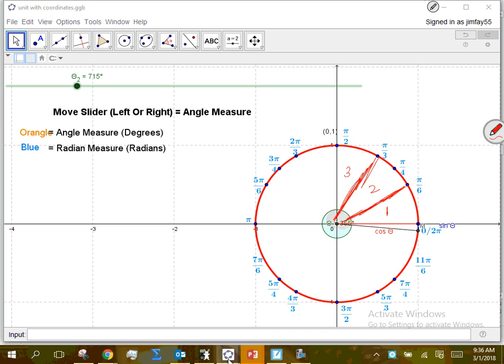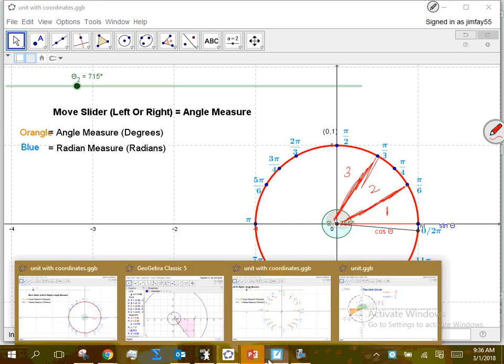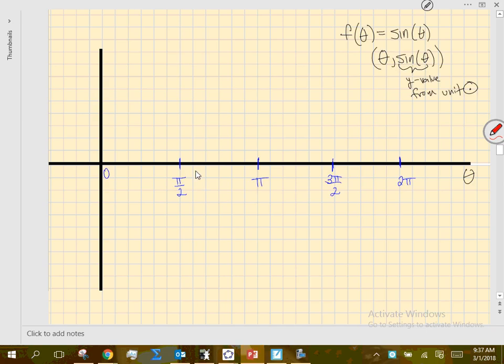So when we stretch this out on the x-axis, between 0 and pi over 2, there should be 3 intervals. So I'm going to try to break this up into thirds. We know this one would be pi over 6, and this one would be pi over 3. Is that okay with everyone?